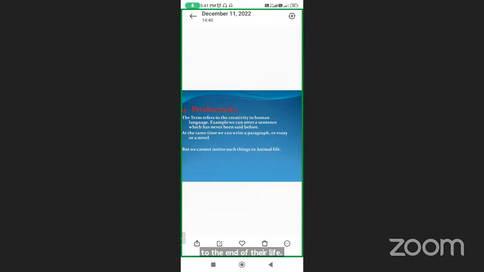But in terms of human language, we have creativity. We have productivity because we can create n number of sounds, n number of words based on certain situations or scenarios. That's what I told you yesterday when I was talking about the skills, LSRW.